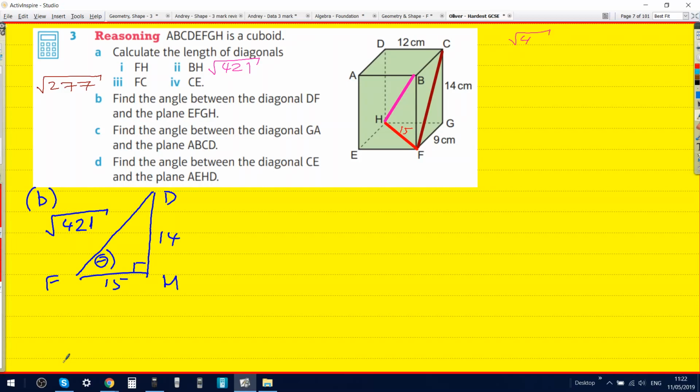Could do sine rule. And because it's a right angled triangle, you can even use SOHCAHTOA, which will be easier. You could also use cosine rule, which is more difficult. But I think the simplest is SOHCAHTOA.